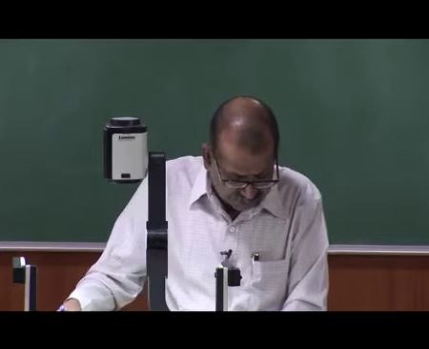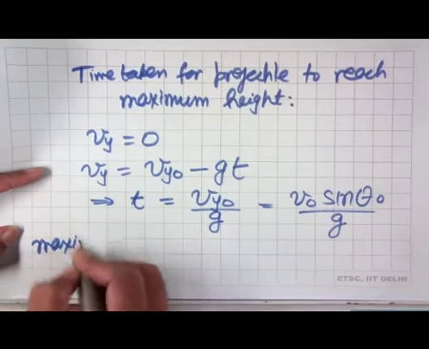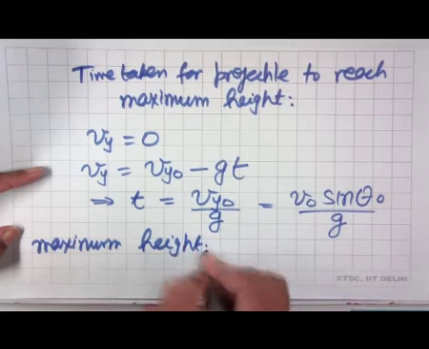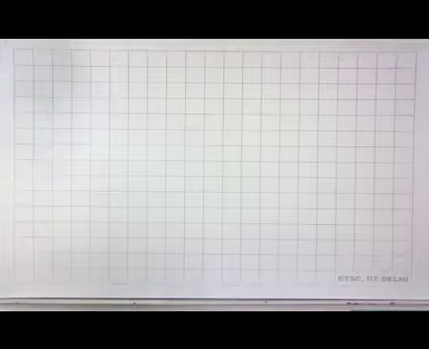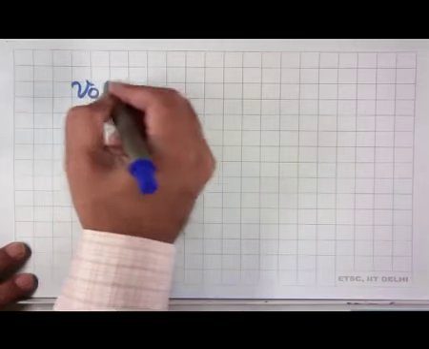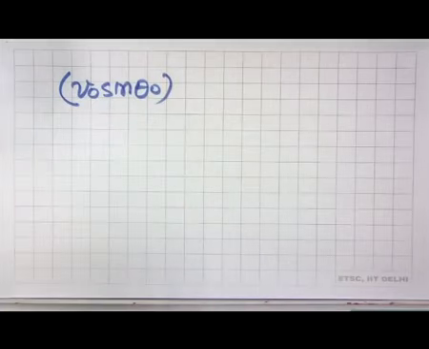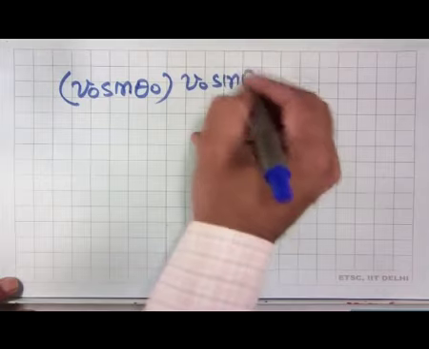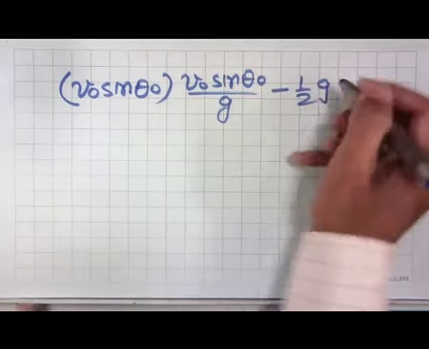And the maximum height will be given by y at this time t. So, this will be equal to v 0 sin theta 0 times the value of t, that is v 0 sin theta 0 by g, minus half g times t square.